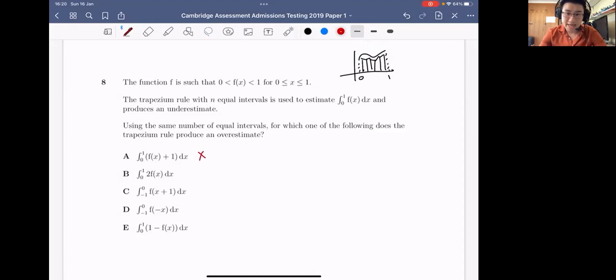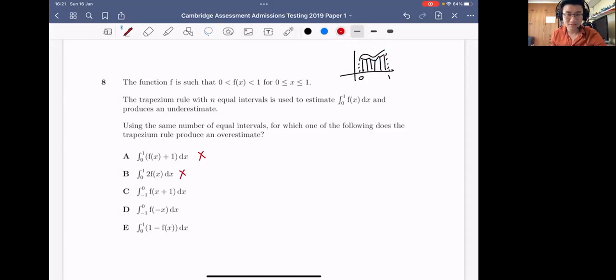B, so you're scaling it by 2. That probably doesn't change the fact that it's an underestimate either. If you kind of just double it. Proving by picture here, I'm going to say no to that as well.